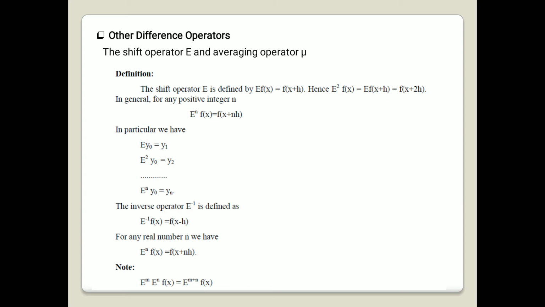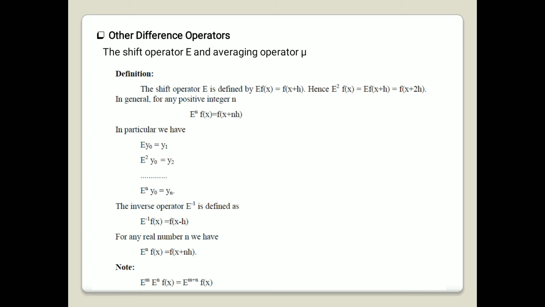In particular, we have E of y0 is equal to y1, E square of y0 is equal to y2. In general, E raised to n y0 is equal to yn. The inverse shift operator is denoted by E raised to minus 1, and it is defined as E raised to minus 1 f of x.